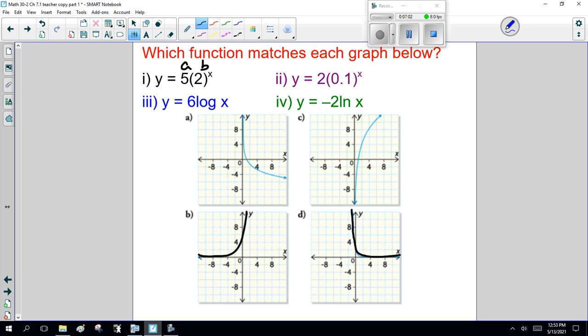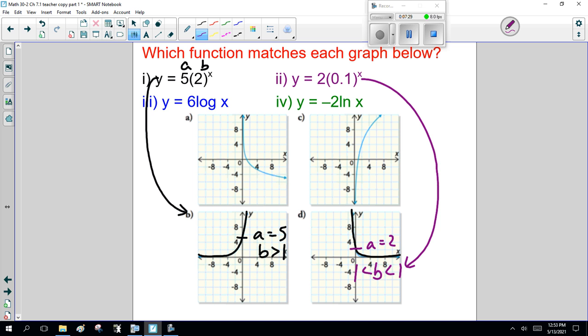B. That's increasing, so B is definitely greater than 1. So this belongs to B. Now, the only other one that looks like an exponent graph is D. Now notice here, A equals 2, and B is a fraction less than 1, so it has to be this.